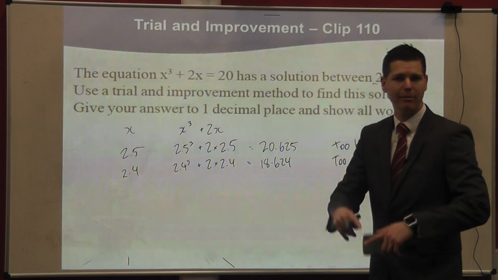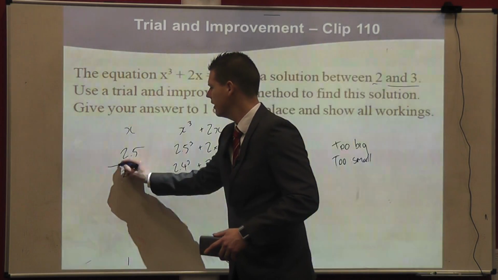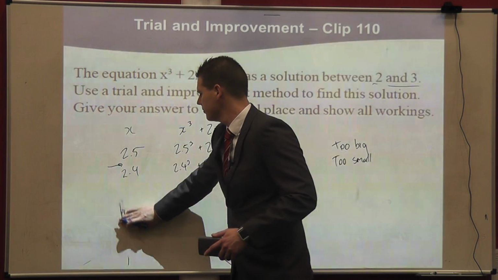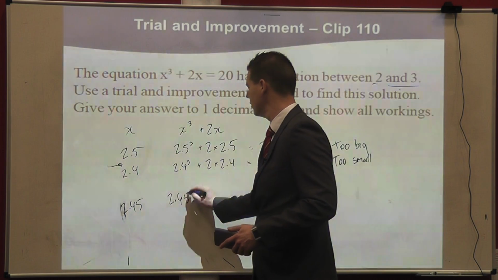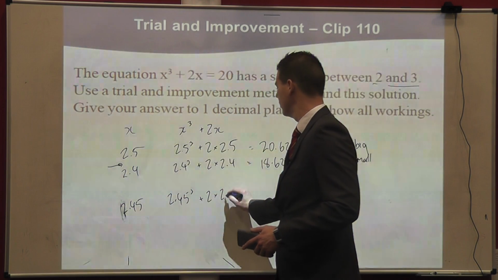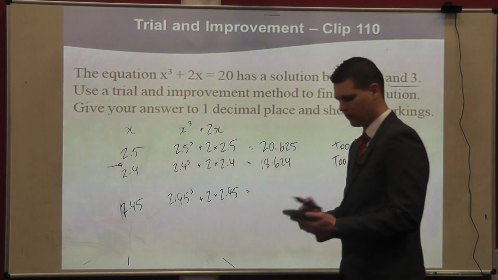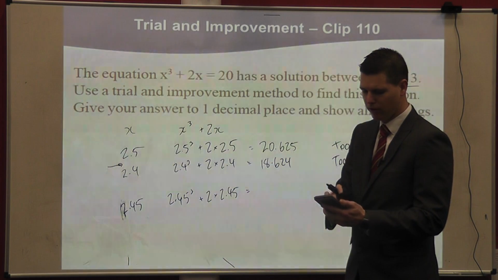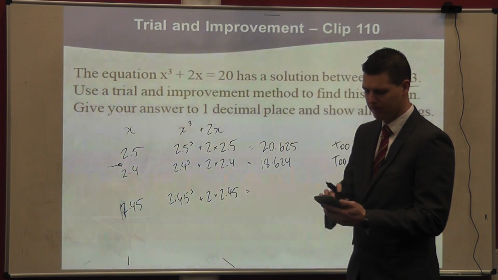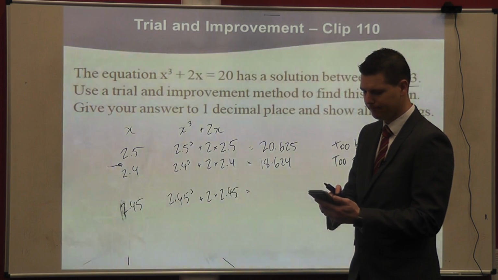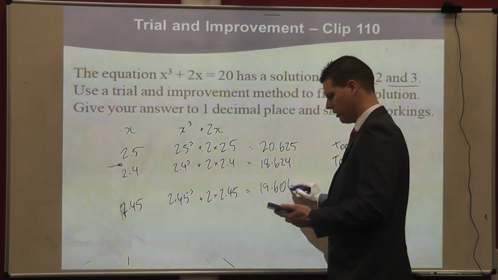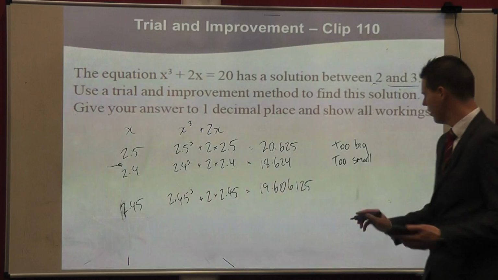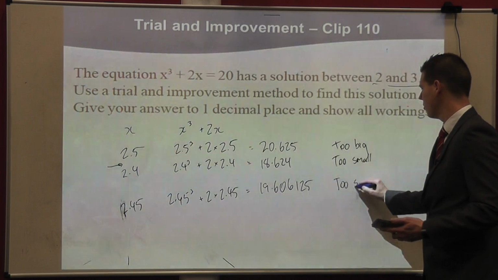So I'm going to go halfway between those and test 2.45. So 2.45 cubed plus 2 times 2.45 is 19.606125, which is too small.